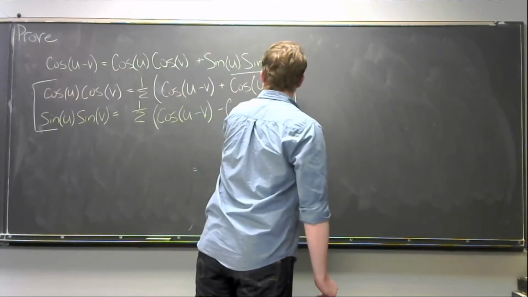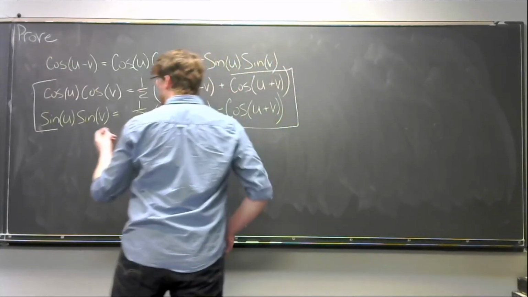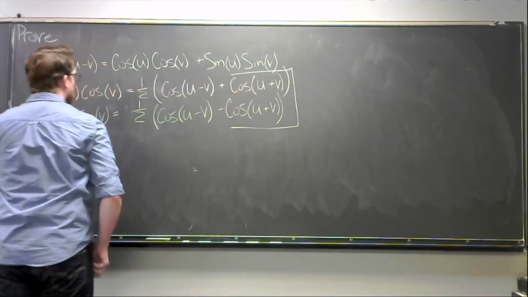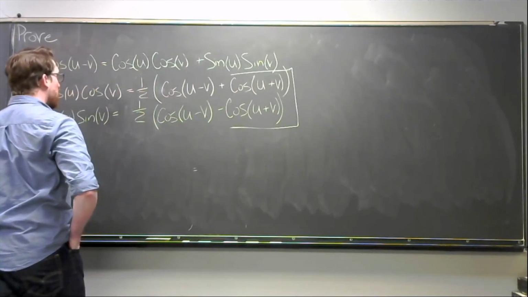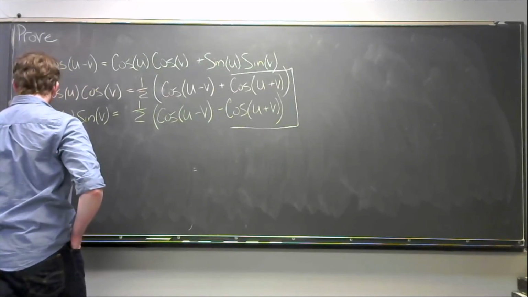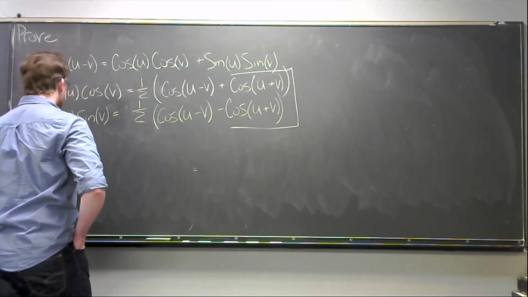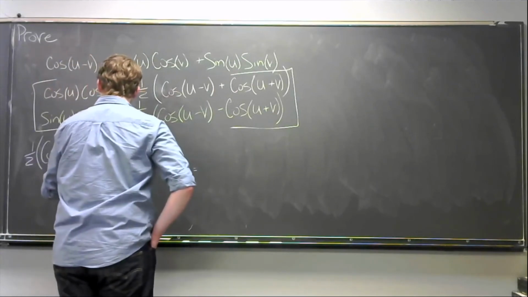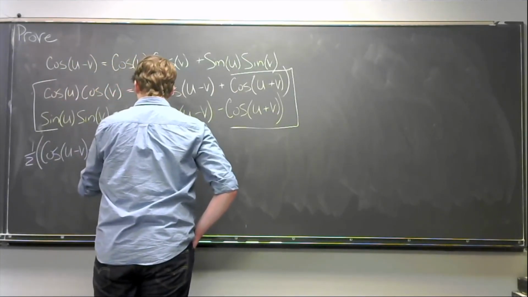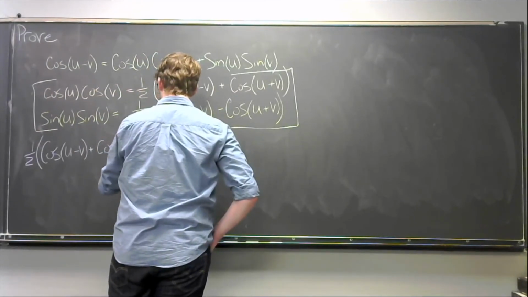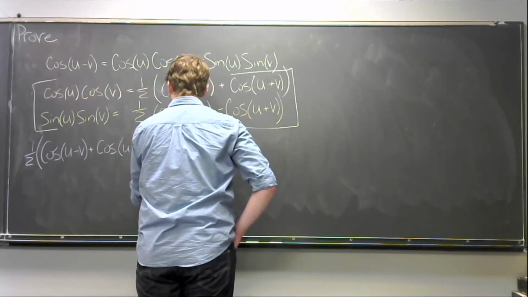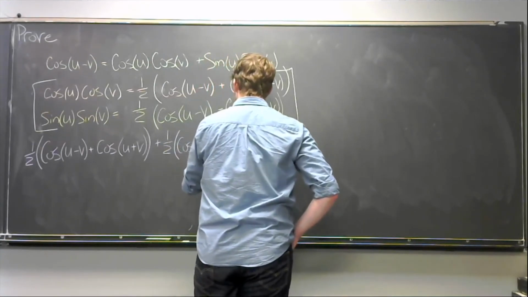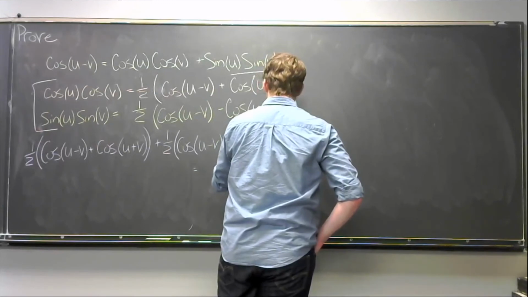Block those off first. So knowing that, we're just going to plug these identities into these two terms. First, we're going to have 1/2 times cosine of u minus v plus cosine of u plus v, plus 1/2 times cosine u minus v minus cosine u plus v.